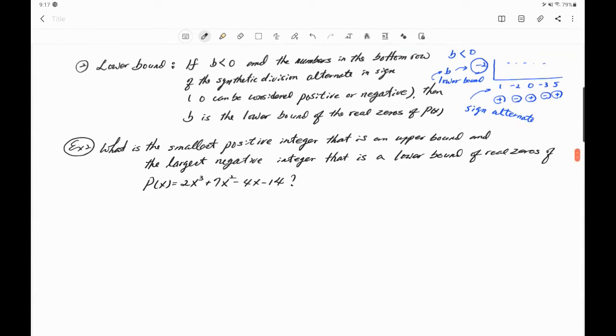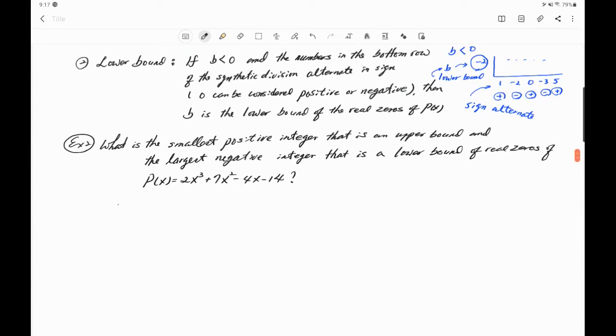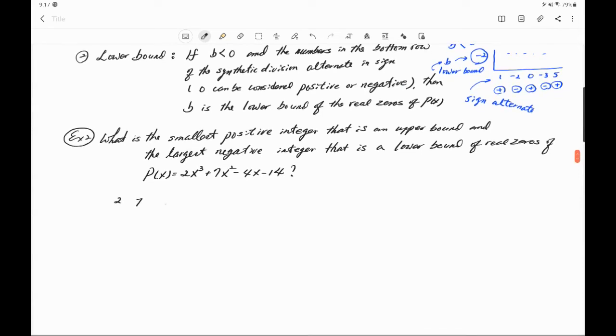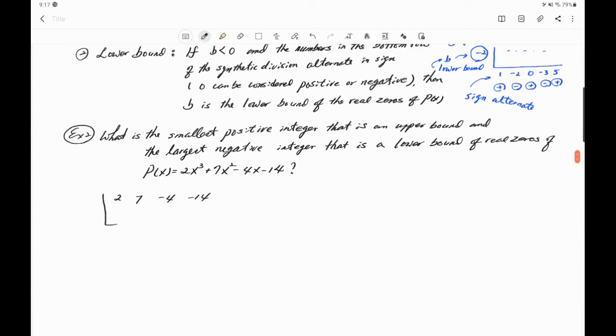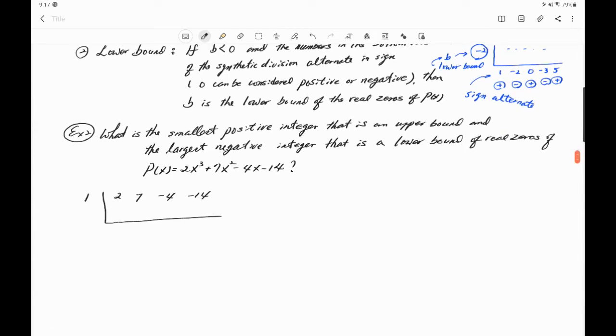So let's start with positive 1. Write down the coefficients 2, 7, negative 4, negative 14. Let's start with positive 1 because we want to find the smallest positive integer that is an upper bound.